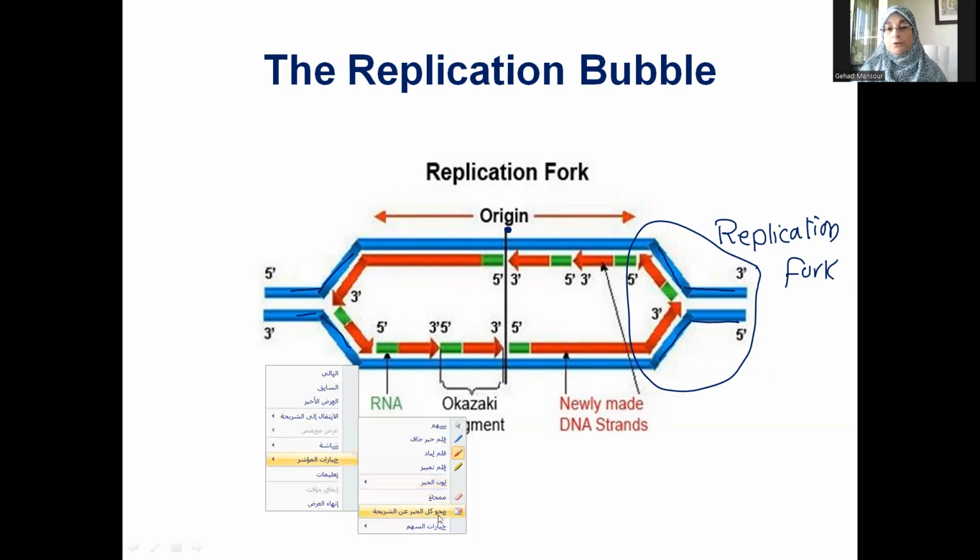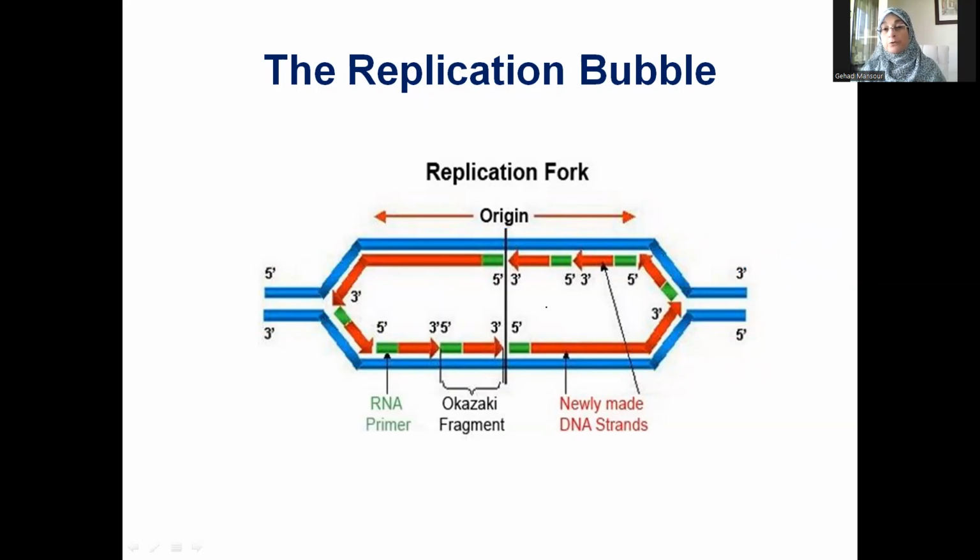So how does the process of replication occur? If we separate the two strands, each strand will be considered a template for the new strand. Why? Because if you have, for example, guanine here, then the enzyme that builds up the new strand knows that it should get a cytosine here.